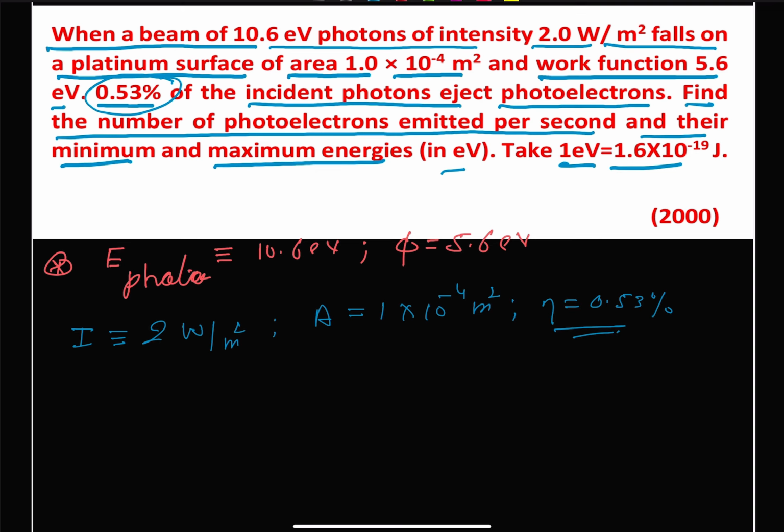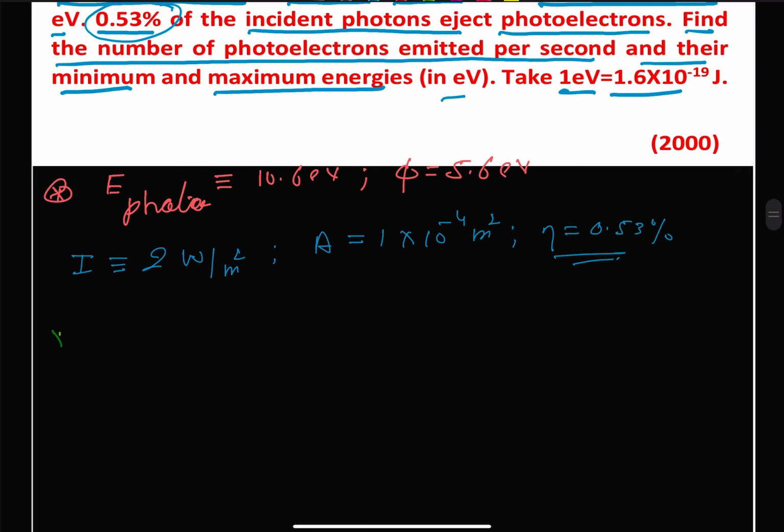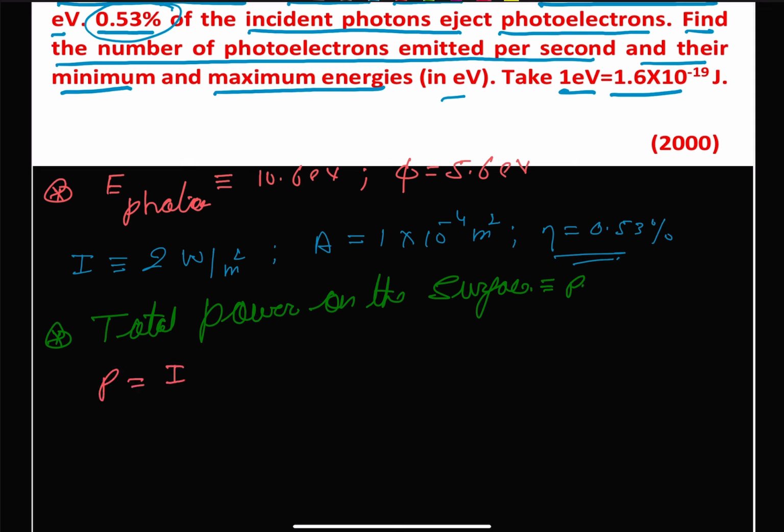So with respect to area as well as intensity, we can find out the total power on the surface. If that is given as P, then P will be equal to intensity multiplied by area, which gives us 2 multiplied by area 1 into 10 to the power minus 4.